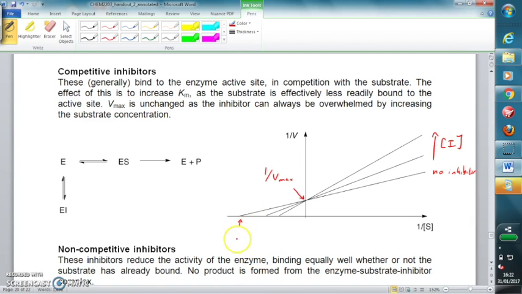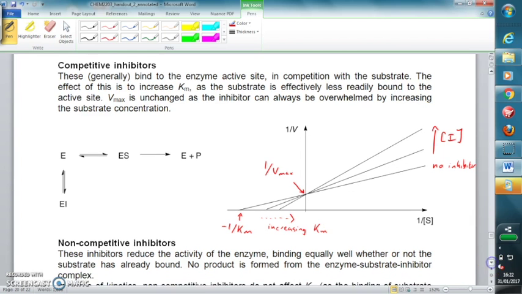The point at which we cross the x-axis is minus 1 over Km. So as Km increases, as we increase the inhibitor concentration, this intercept gets closer to 0. Okay, so that's a competitive inhibitor.